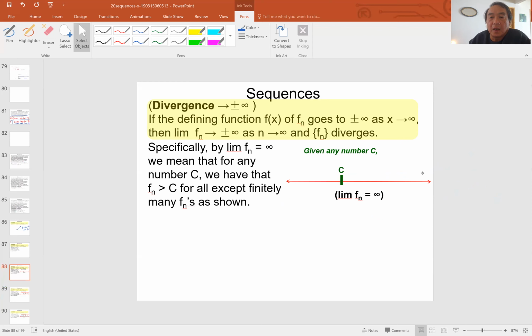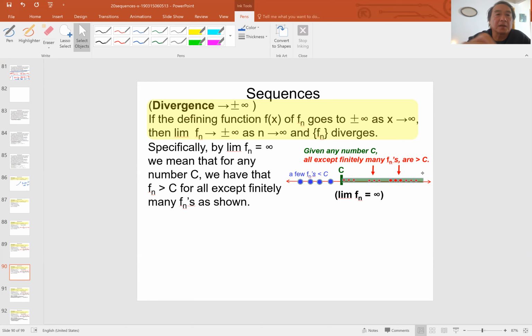Okay, let me be a little clearer about what I mean by going to infinity. Going to infinity means it doesn't matter what number c you put on the line, most of the sequence must be bigger than this number. You can only have finitely many terms of the sequence that are smaller than this number. It doesn't matter where this c is.